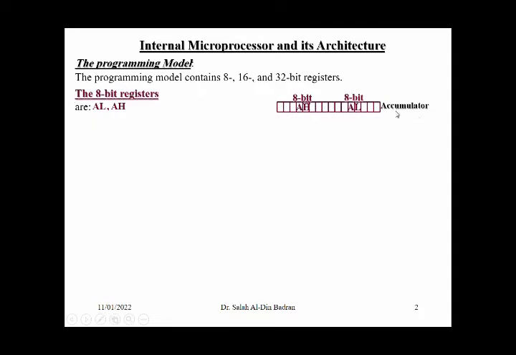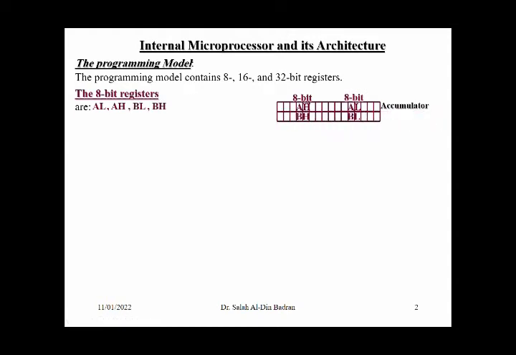So the whole accumulator is 16 bits, but it's divided into 2 bytes: AL, the lower byte, and the higher byte, H stands for higher. The higher byte is 8-bit, and A stands for accumulator. So we have 2 8-bit accumulator registers.